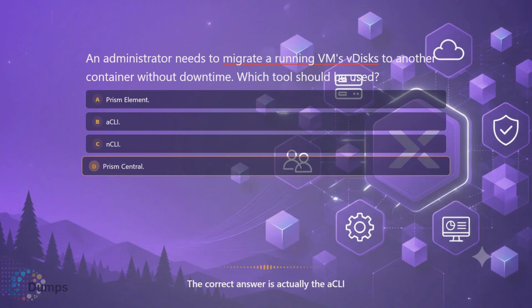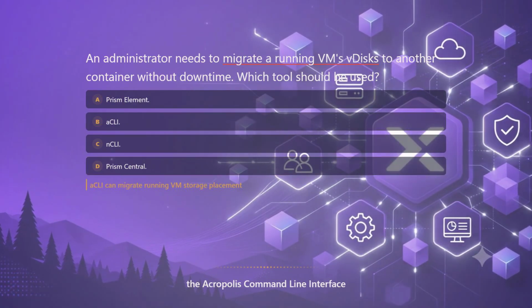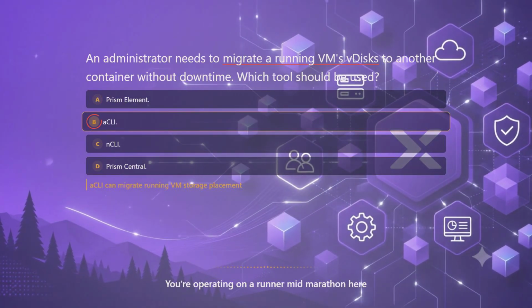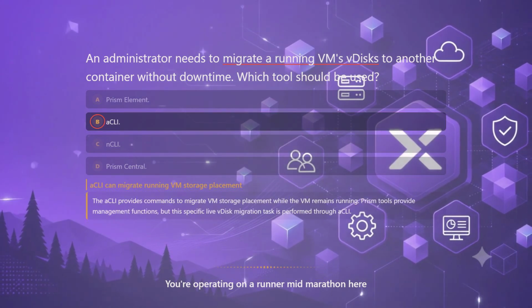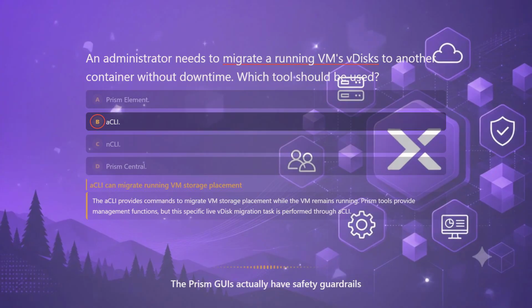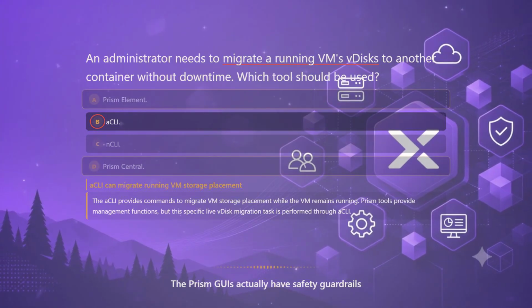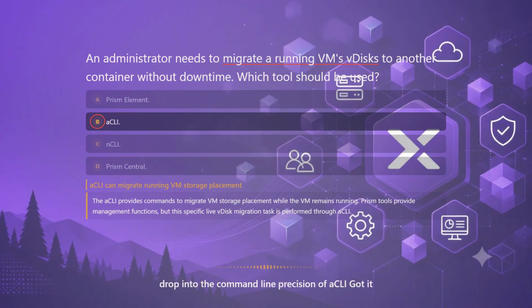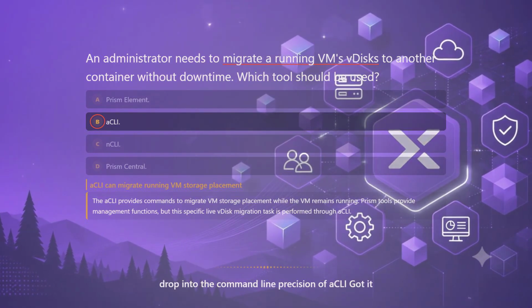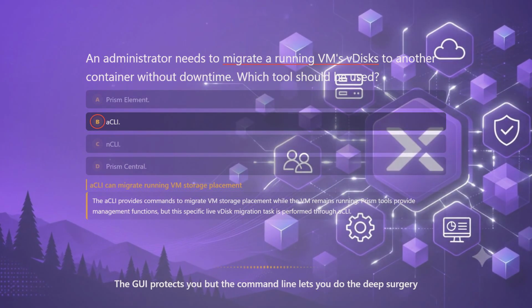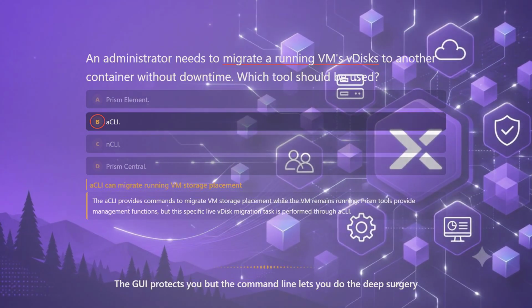The correct answer is actually the ACLI, the Acropolis Command Line Interface. You're operating on a runner mid-marathon here. Wait, why not the GUI? The Prism GUIs actually have safety guardrails that prevent live storage migration because of the risk of data corruption. To force that mid-air handoff, you have to drop into the command line precision of ACLI. Got it. The GUI protects you, but the command line lets you do the deep surgery.